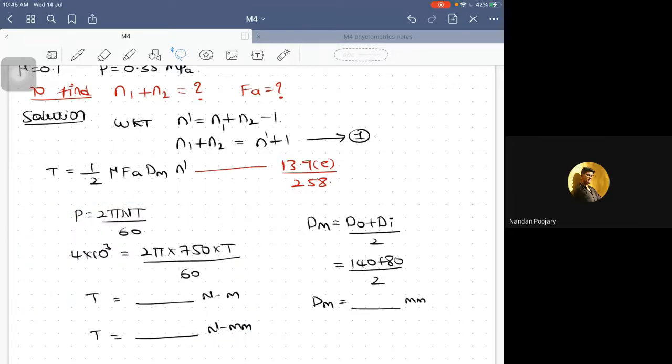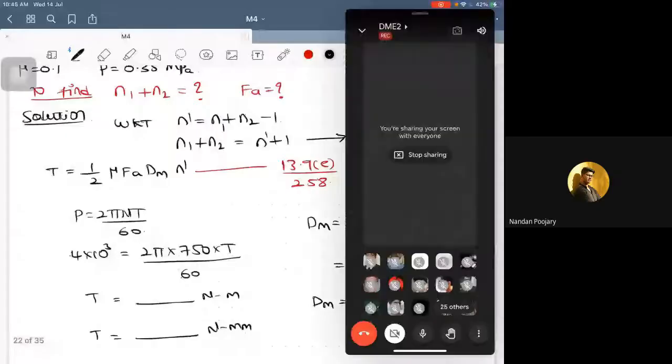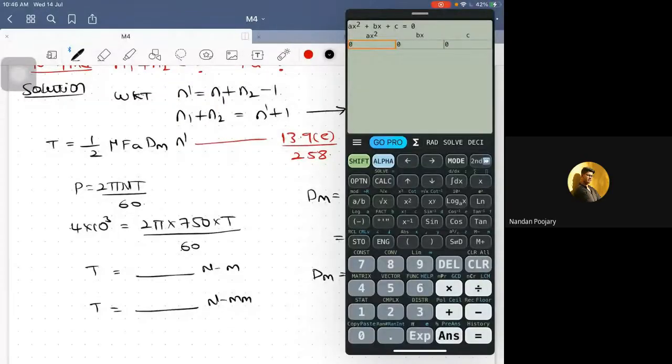What is the value of torque and mean diameter?